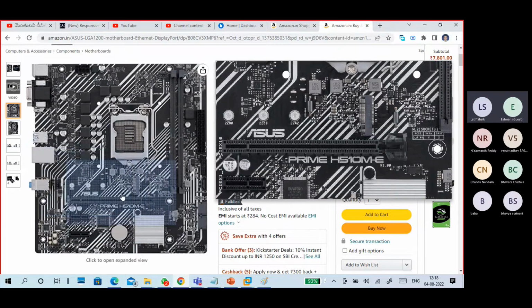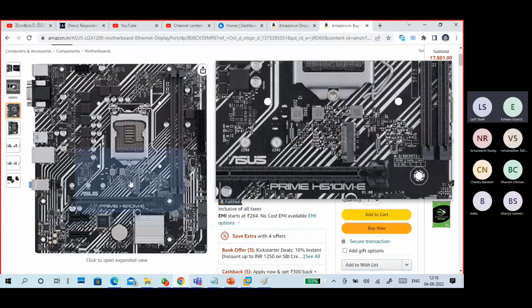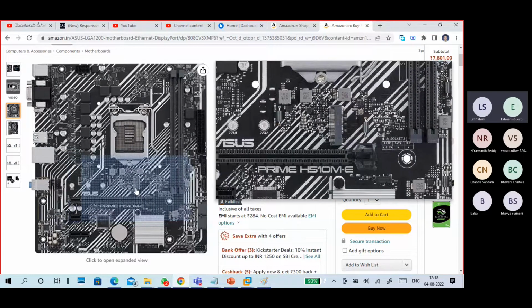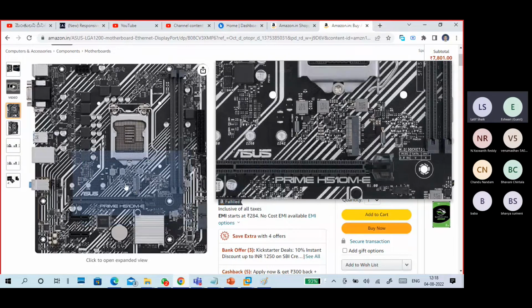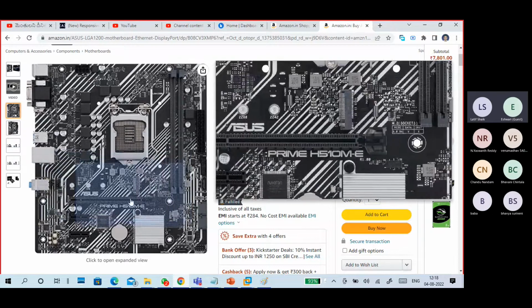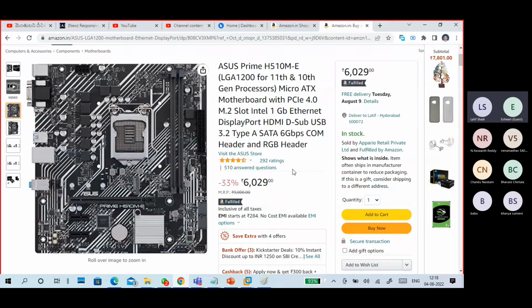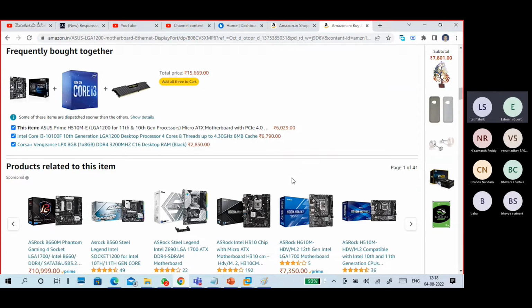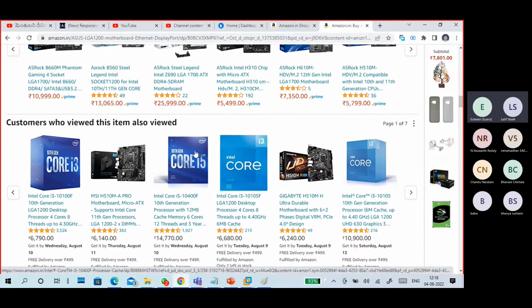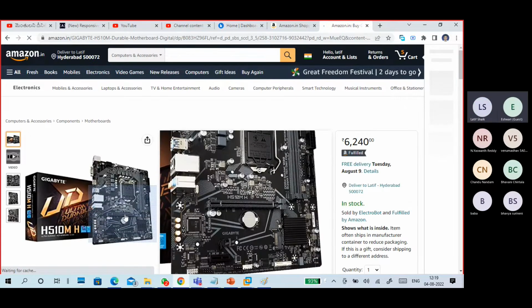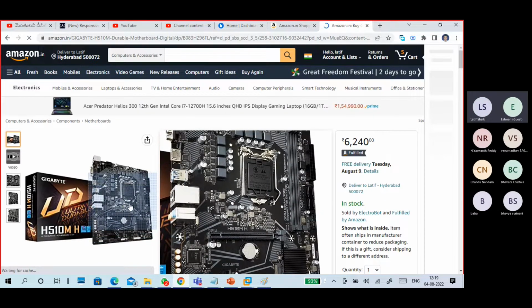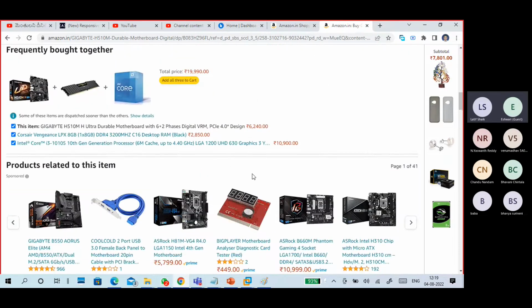Sometimes it's difficult to see. But look at this: this point is basically for SSD installation only. This also has an onboard SSD installation.